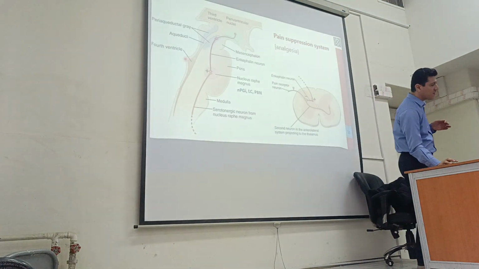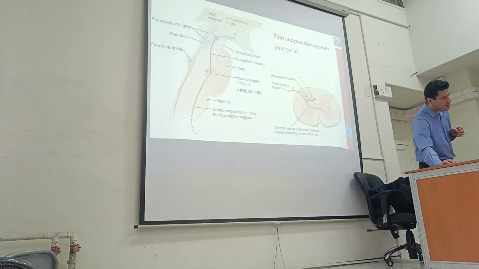So neurons from the thalamus go to this area. From here, other neurons go to nucleus raphe magnus in the pons, right? From here, neurons go to the spinal cord, go down, and reach spinal segments, right? So in the spinal cord, they activate some interneurons that release enkephalin.